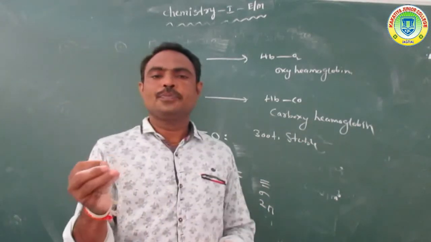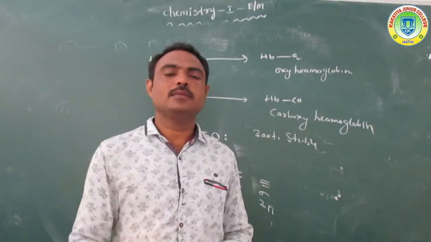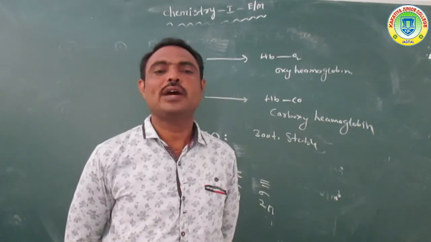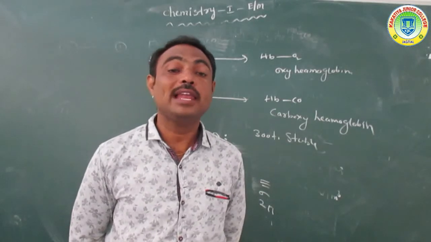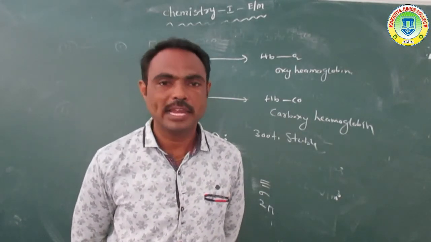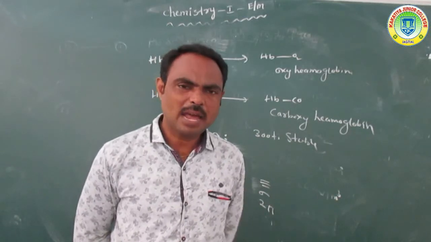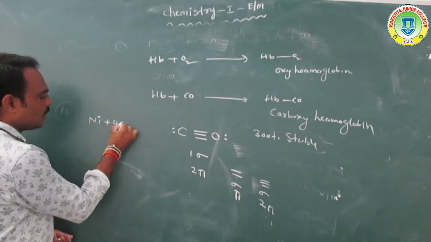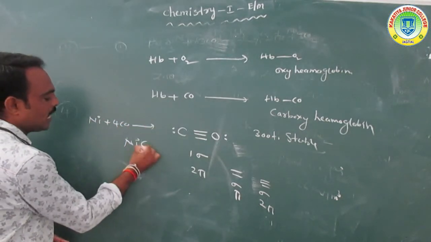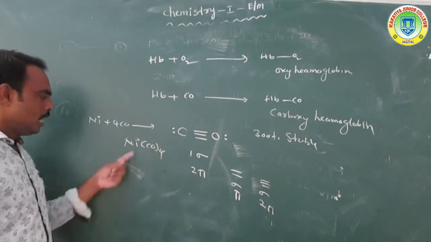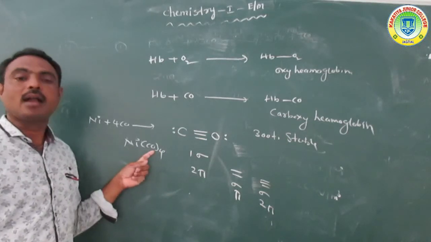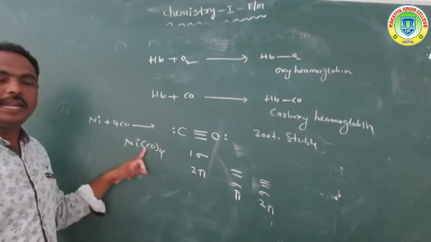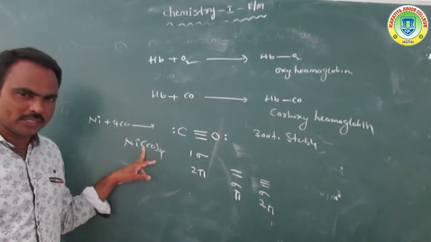So what is the use of carbon monoxide? Carbon monoxide is mainly used for the formation of carbonyl compounds. What is a carbonyl compound? Suppose nickel reacts with carbon monoxide to form Ni(CO)4, nickel tetracarbonyl compound.